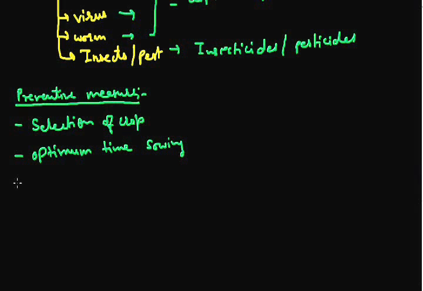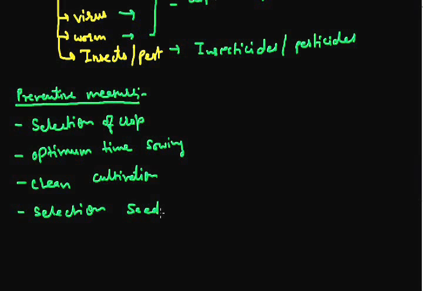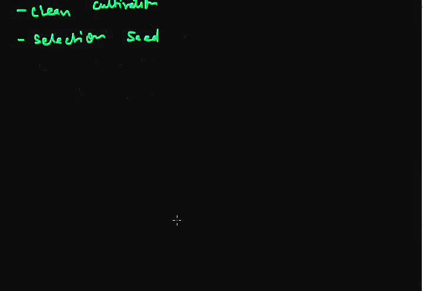Next, clean cultivation. Next, selection of seed. These are certain criteria which are useful to protect crops from disease. We call them preventive measures from infection of disease.